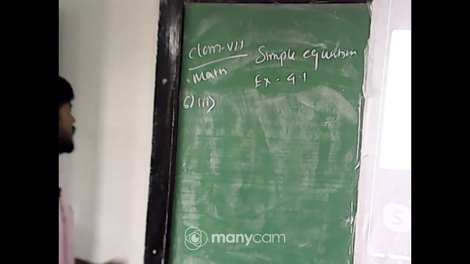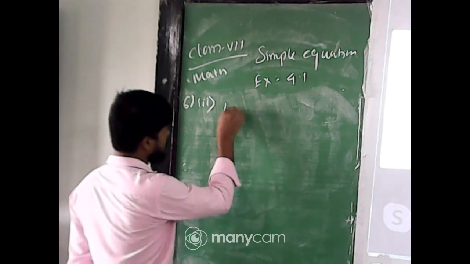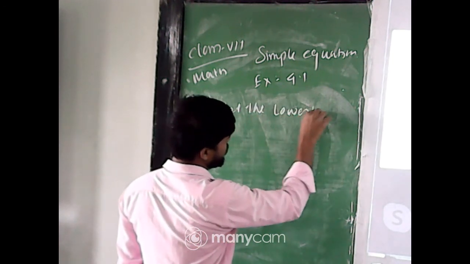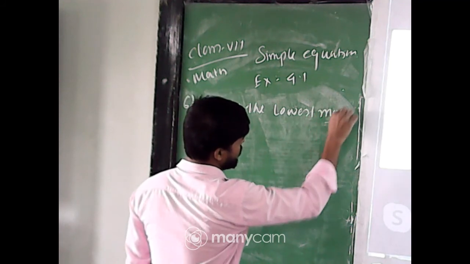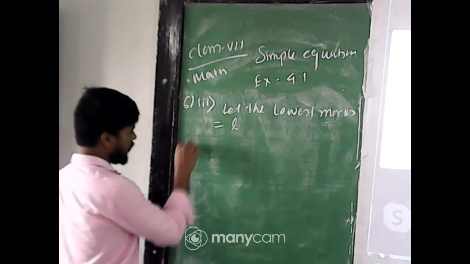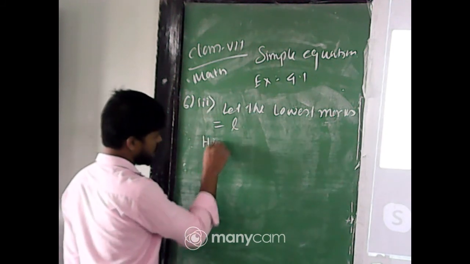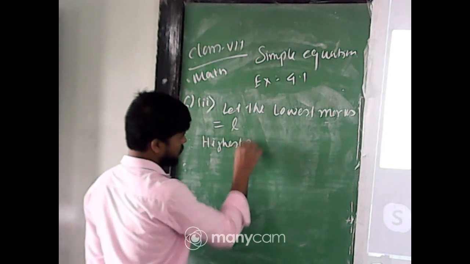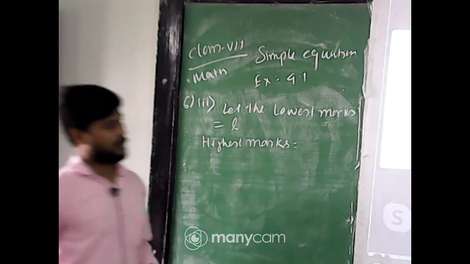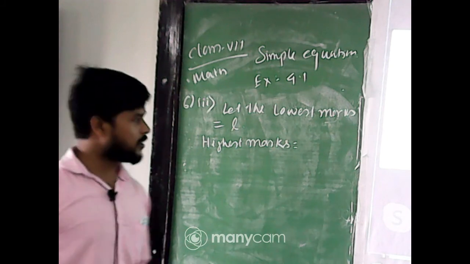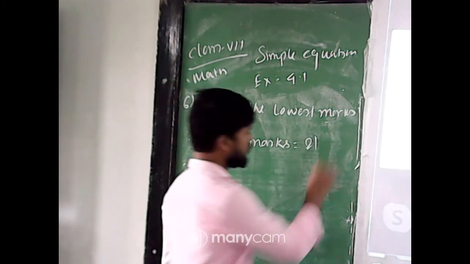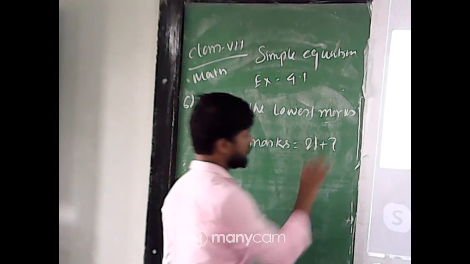If I consider the lowest marks as L, let the lowest marks be equal to L. Therefore, the highest marks is twice the lowest marks plus 7.